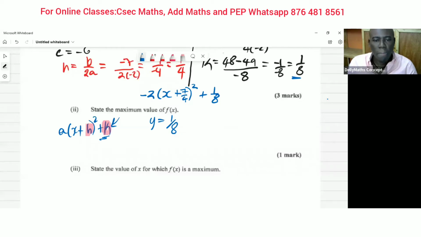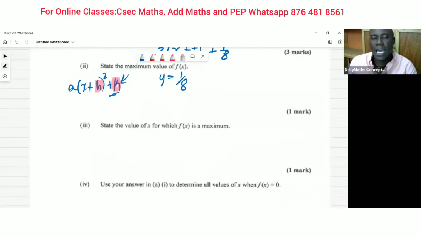All right, let's go. State the value of x for which f(x) is maximum. We want to understand that at any maximum or minimum, there is only one x value, and that is the axis of symmetry. If we look back at this same thing we have here, this is what links to the axis of symmetry. The axis of symmetry is the opposite of this. Matter of fact, the axis of symmetry is an x value, and it is the opposite of h.